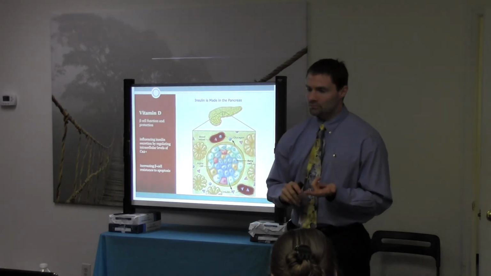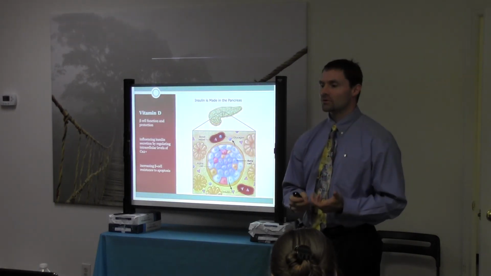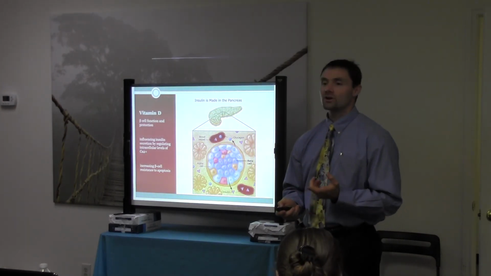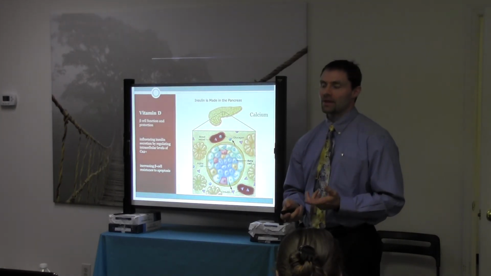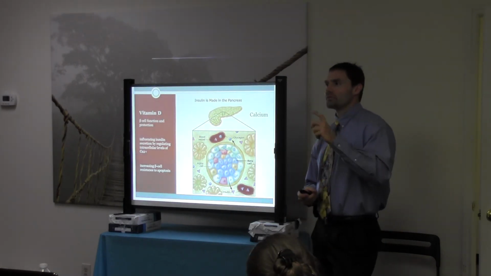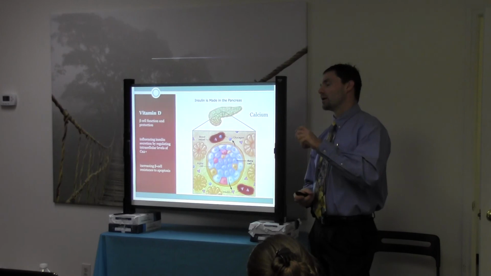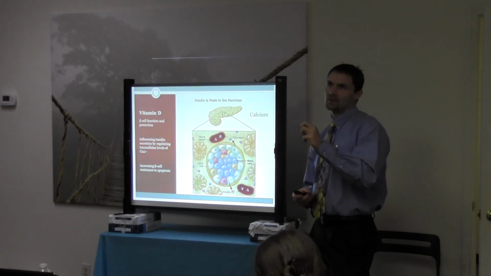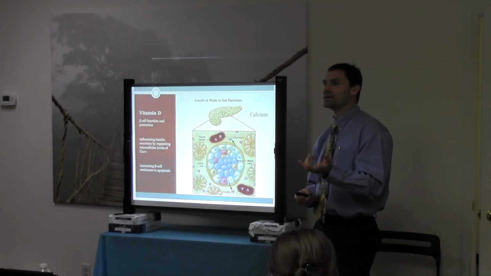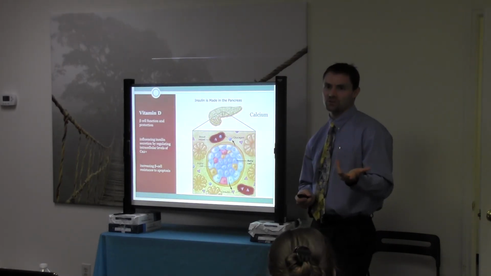Well, vitamin D really serves a couple of purposes. The first thing it's going to do is affect calcium metabolism. The way that vitamin D affects calcium is that your vitamin D is needed for production of a protein called calbindin. Basically what calbindin does is it uptakes calcium from the gastrointestinal tract.